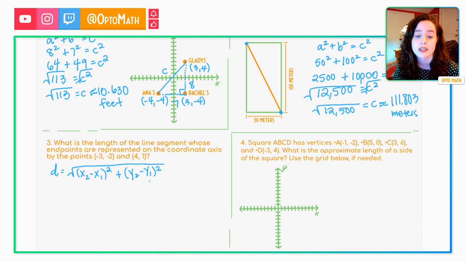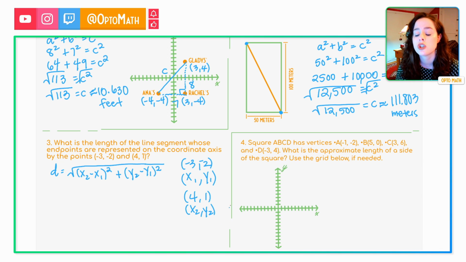So again, this is really the same thing as Pythagorean Theorem. Let's go ahead and label each point as x1, y1 or x2, y2. So -3, -2. Let's just call this the first point. It doesn't really matter. And we'll call 4, 1 our x2, y2.